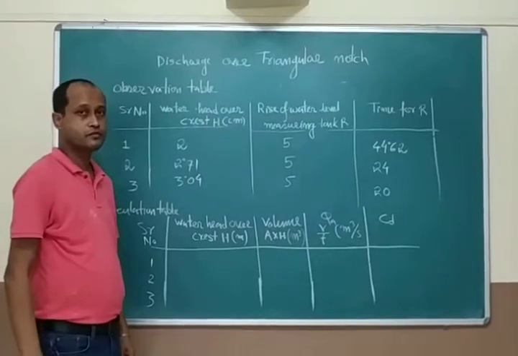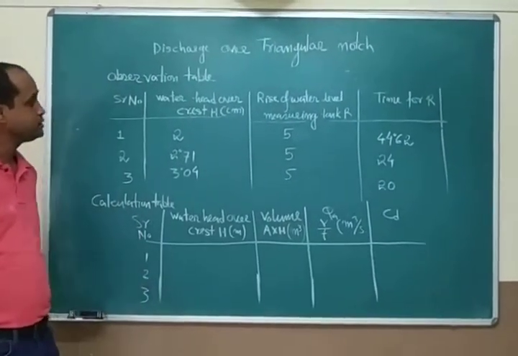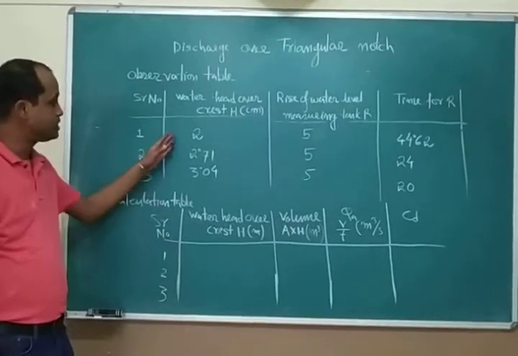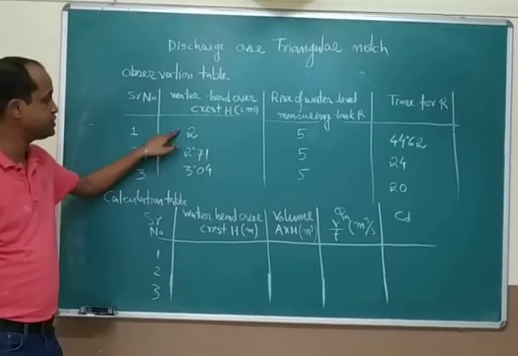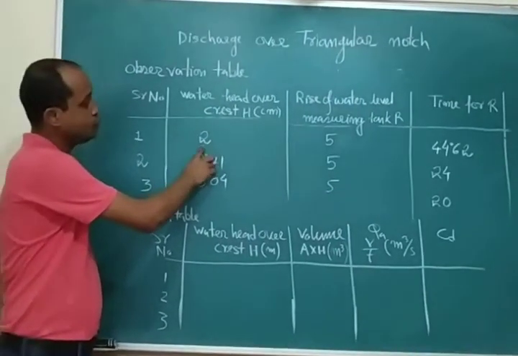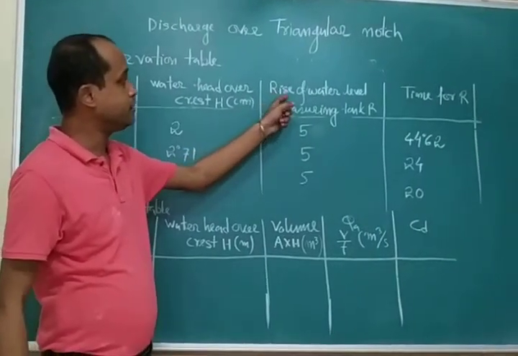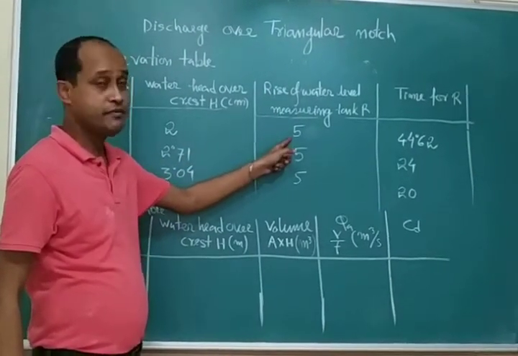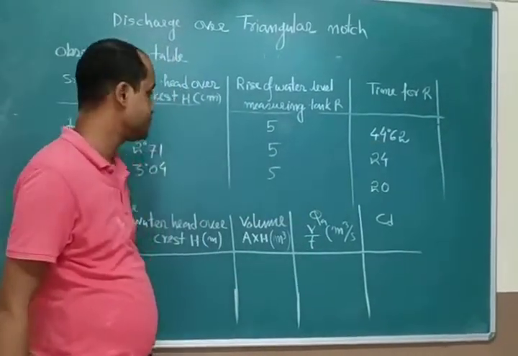So after doing the experiment, we are getting some observations. So this is the water head over the crest, that is H. For the first observation, suppose H is 2 cm, the rise of water level is 5, and the time taken is 44.62.